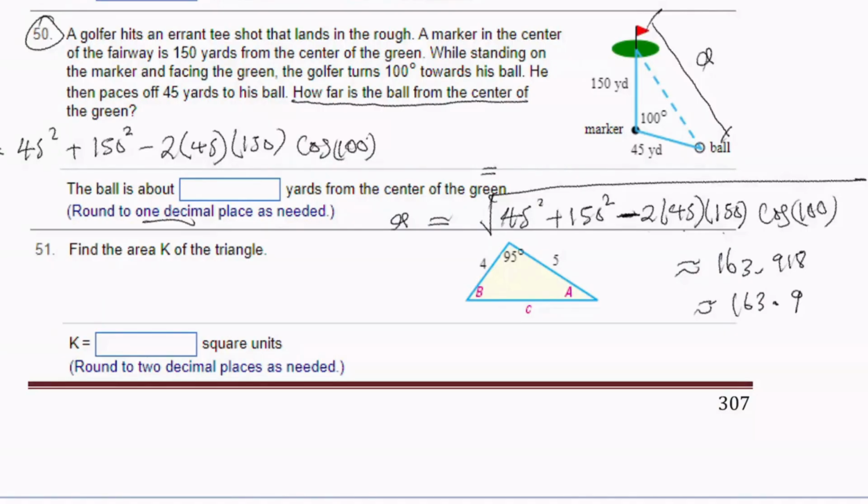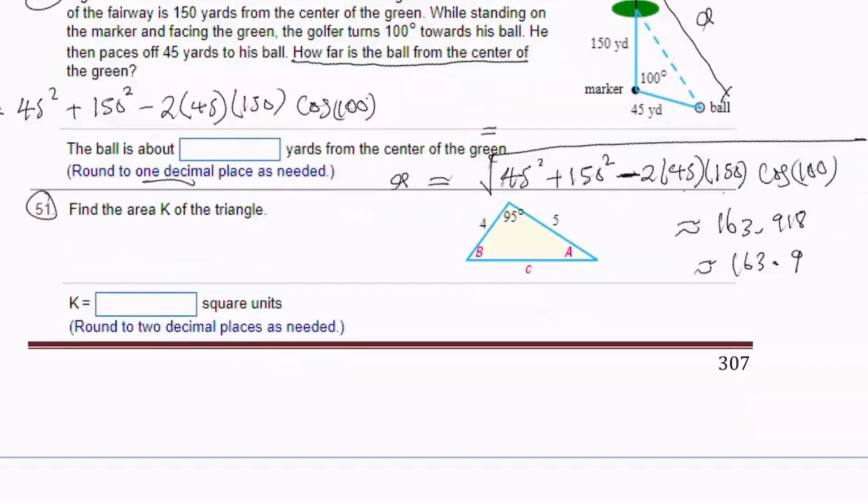All right, question 15 looks good also. You know the area of this kind of triangle is 1 over 2 the product of the two sides, so this is 4 multiplied by 5, then I multiply by sine 90. Let me write this again: 1 over 2 multiplied by 4 multiplied by 5 multiplied by sine 95, actually.